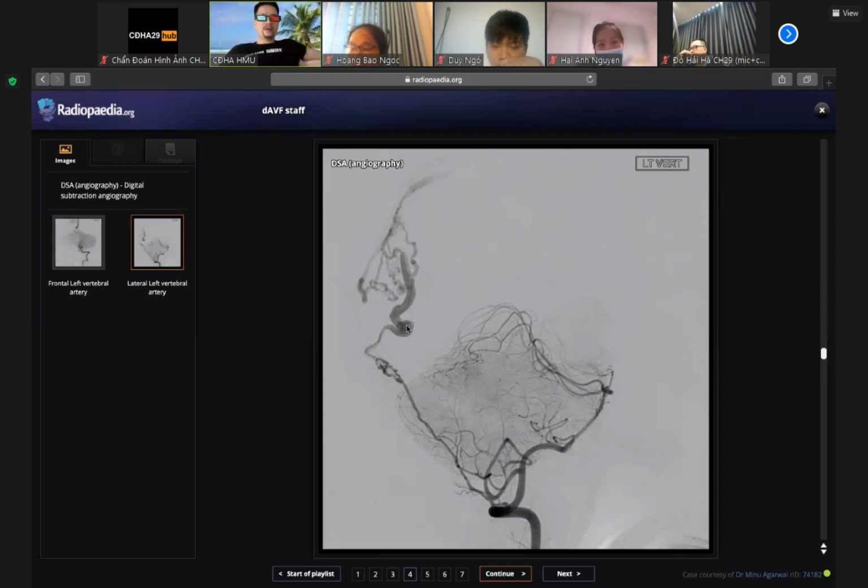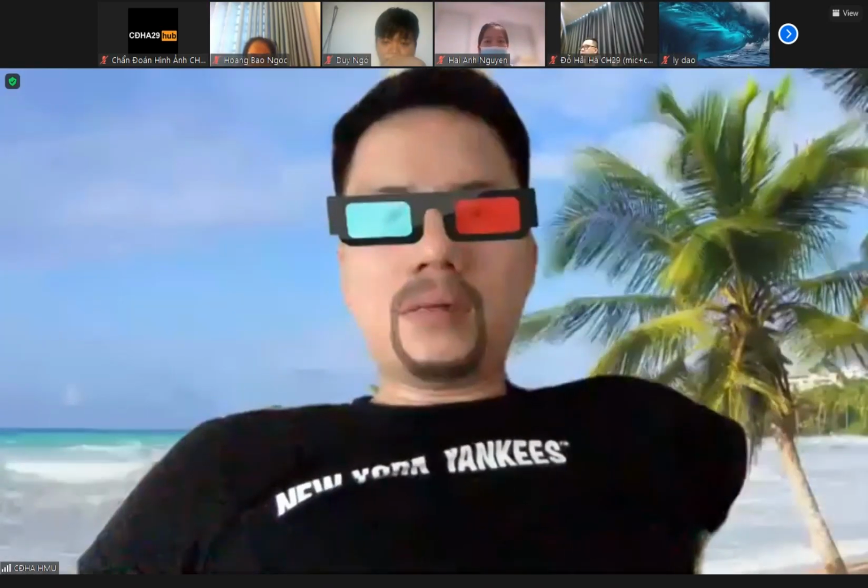On this slide you can see the ectasia of the cortical vein, which shows type 4 of the Cognard classification, which has a high rate of hemorrhagic complication. Okay, now let's move on to case number 2.